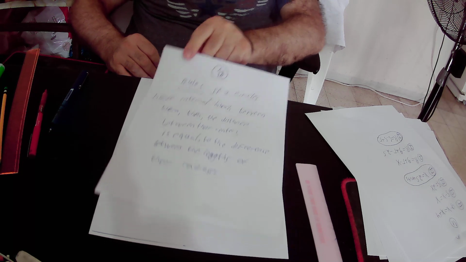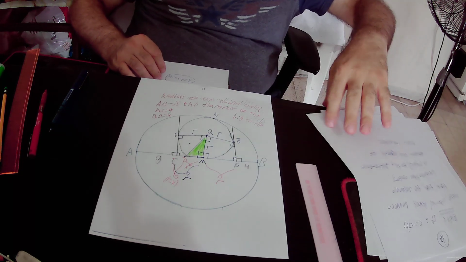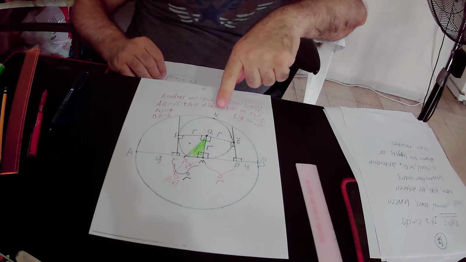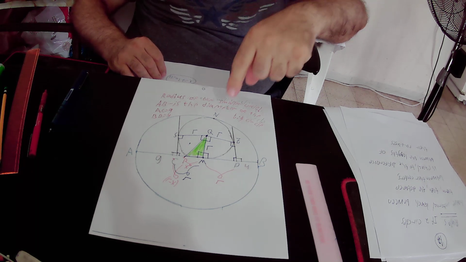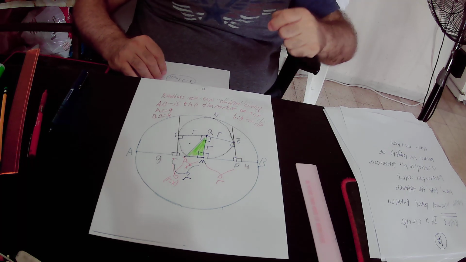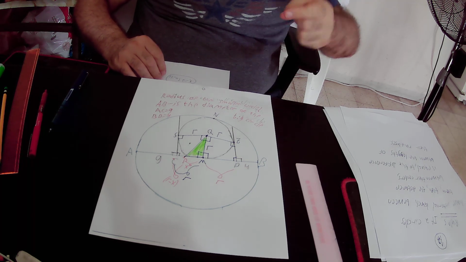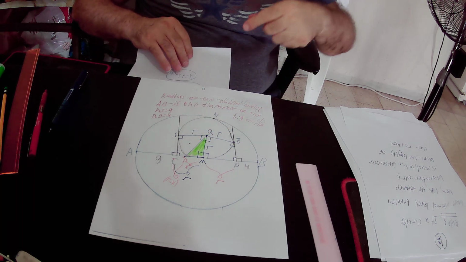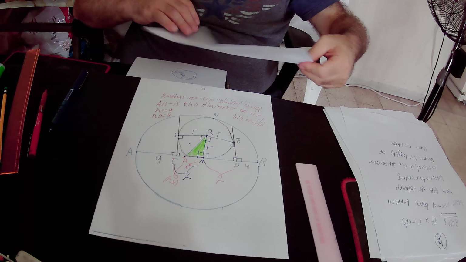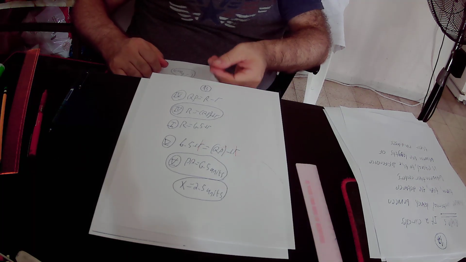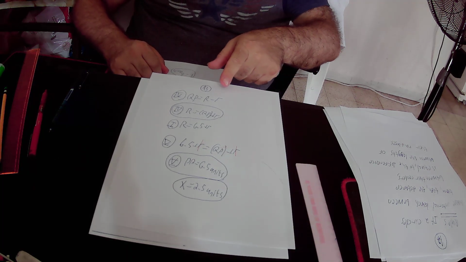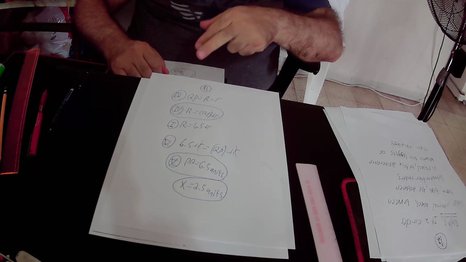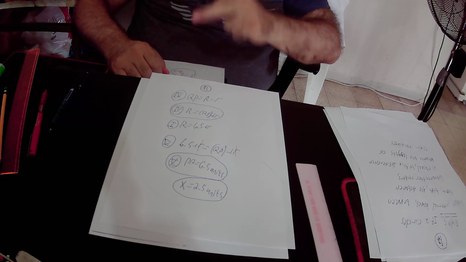So we can implement rule number 5 in our two circles, because here we have two circles with an internal touching between them at point N. That is to say, they touch each other internally at point N. Therefore, according to rule number 5, the distance between their centers, that is QP, must be equal to capital R minus small r. That is the difference between their radiuses. QP equals capital R minus small r. That is the implementation of rule number 5 on our two circles.